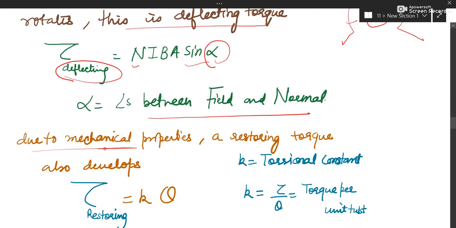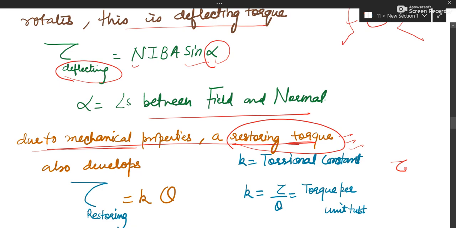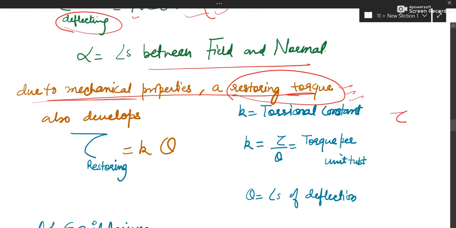Now, due to the mechanical properties of the spring you have used, a restoring torque will also act. The spring will try to bring it back to its original position, like restoring force used to act in class 11th. So restoring torque is equal to K into theta, where theta is the deflection. If you remember in spring based numericals, we use Kx, the spring force, with a negative sign to show that it is restoring in nature.